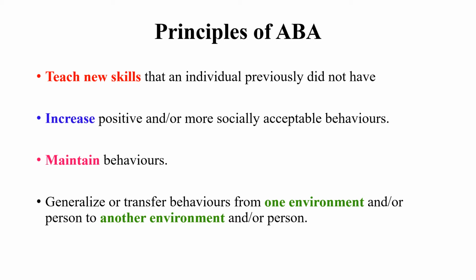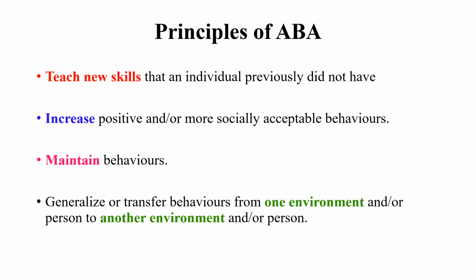A behavior may have been taught in a classroom setting or on a one-to-one basis. That behavior has to be successfully transferred to the environment, that is, applied in real life scenarios.